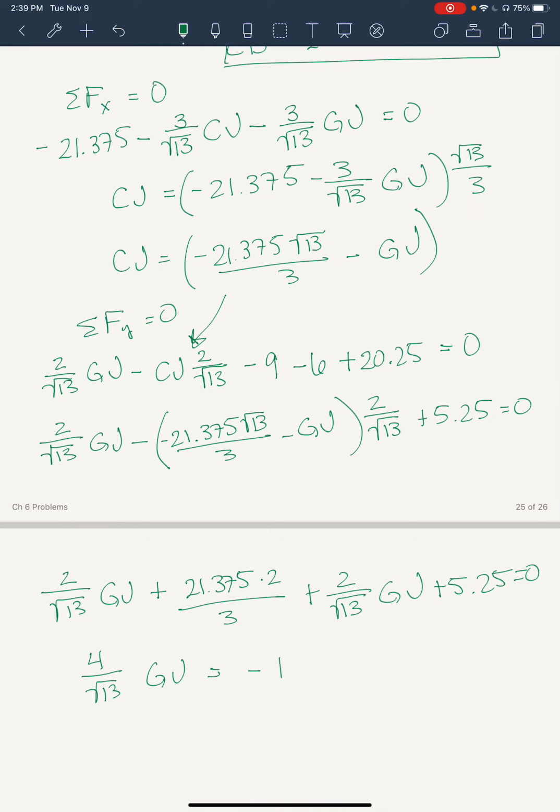So that equals minus 19.5. So GJ equals minus 19.5 times the square root of 13 divided by 4. So we get negative 17.58 kilonewtons. And so that means that that's actually in compression, because we guessed tension, so 17.6 kilonewtons in compression.